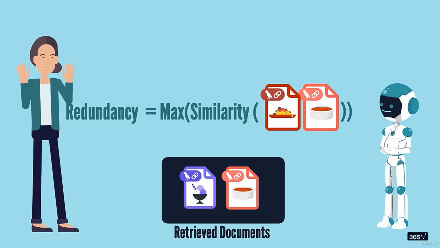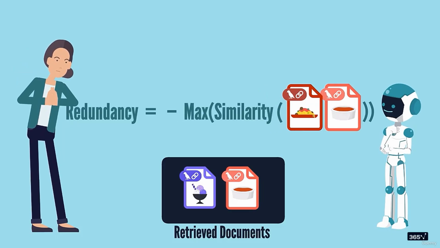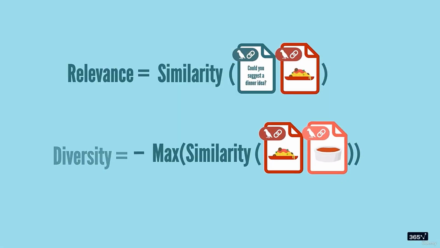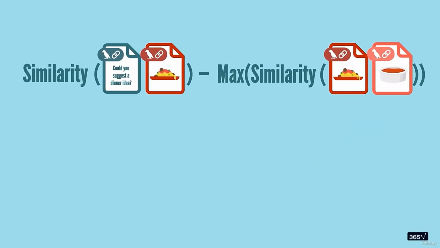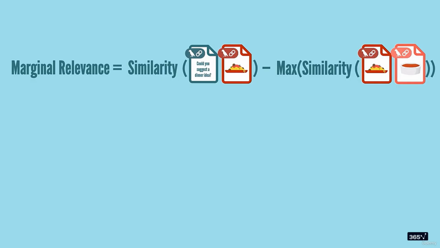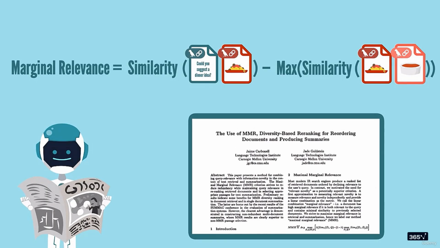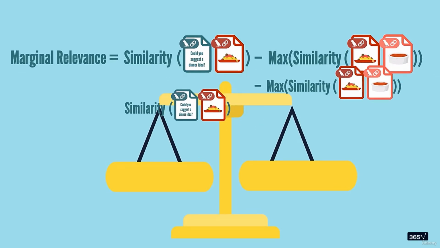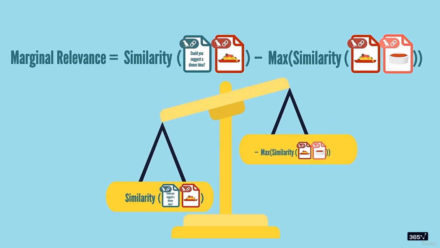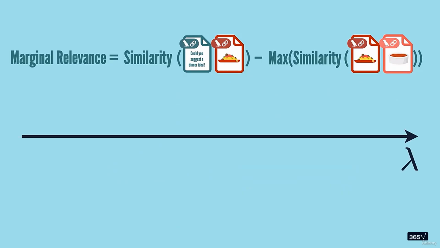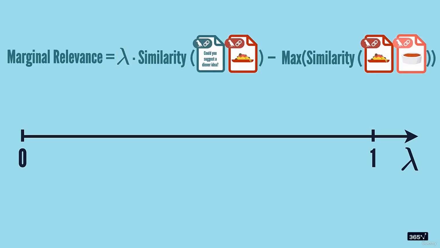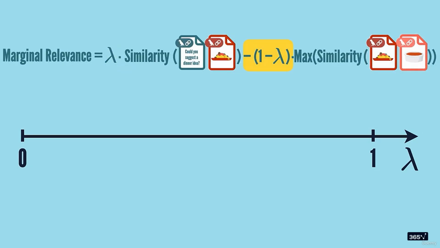Let's change the sign of the redundancy metric from positive to negative, and call this new one diversity. The linear combination between relevance and diversity is called marginal relevance, as coined by Carbonell and Goldstein in their 1998 paper. The parameter controlling the balance between the two metrics, or the prevalence of either, is conventionally denoted by lambda and takes values between 0 and 1. Let's multiply the relevance component by lambda and the diversity component by 1 minus lambda.